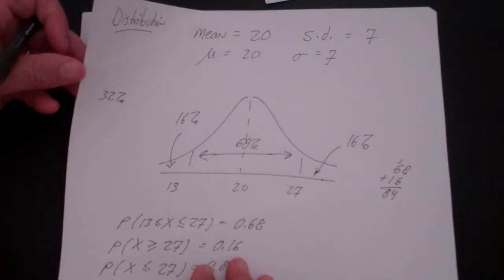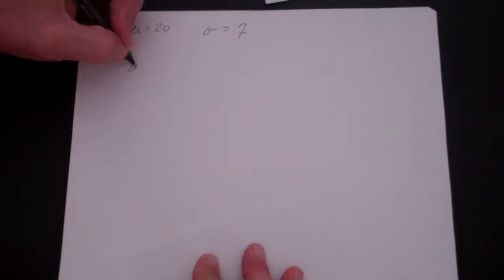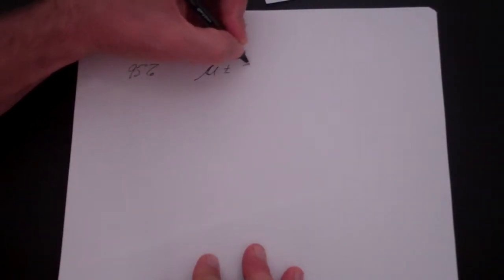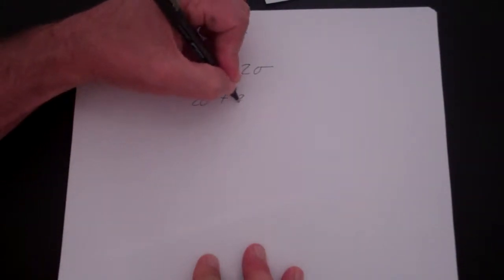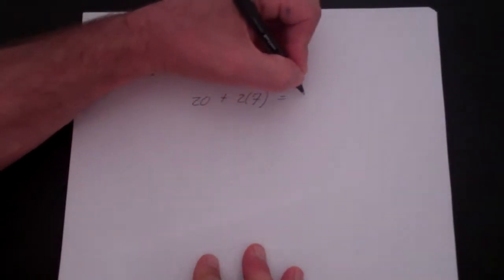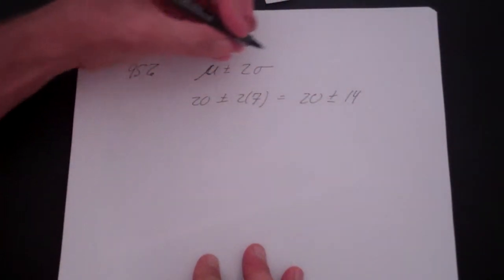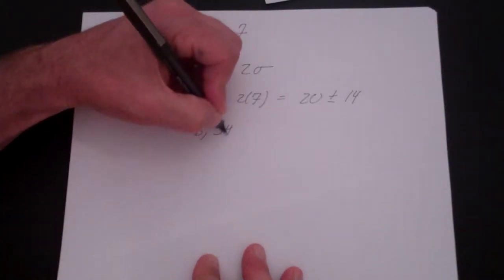We can use the same example to look at two standard deviations. If mu is equal to 20 and sigma is equal to 7, then you have 95% within mu plus or minus 2 times sigma. Or in this case, 20 plus or minus 2 times 7, or 20 plus or minus 14, which would be between 6 and 34.